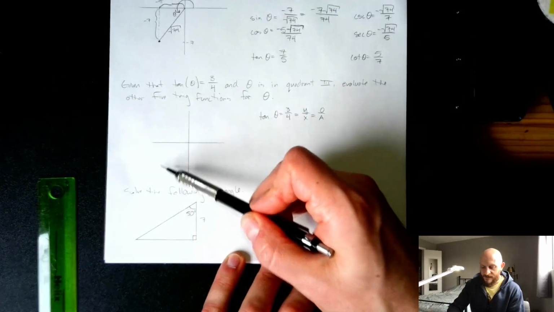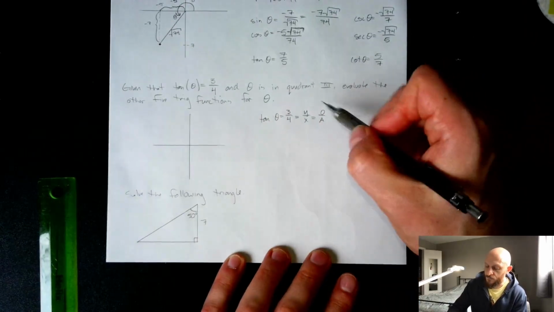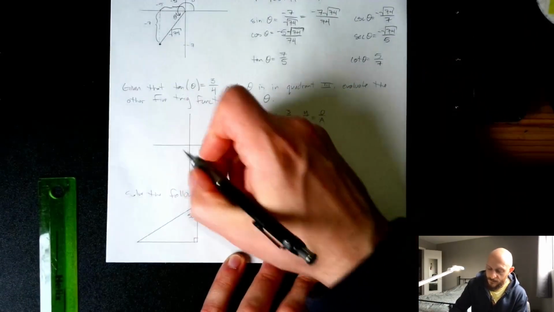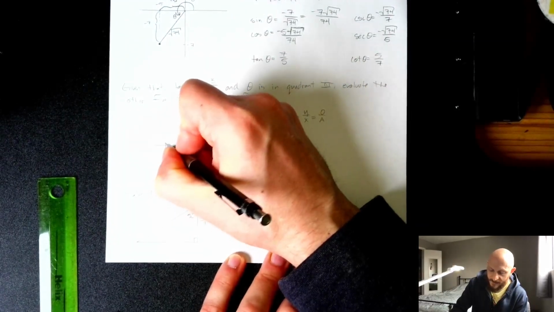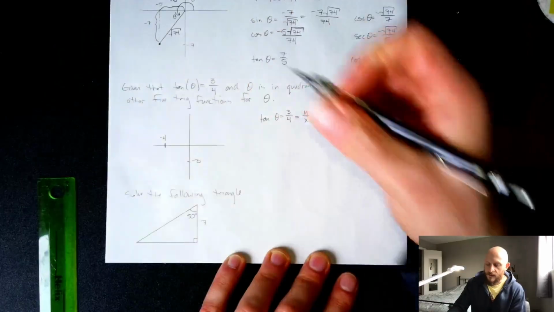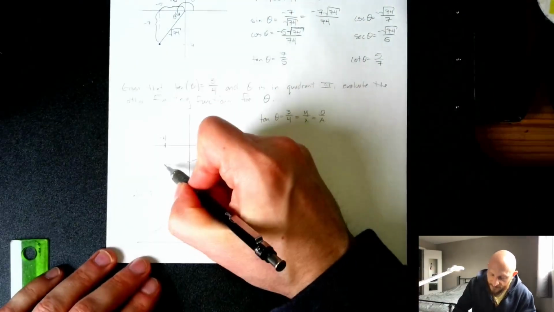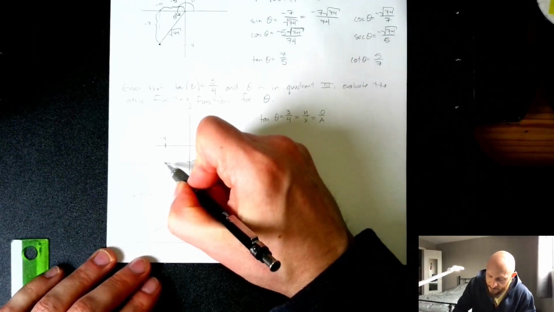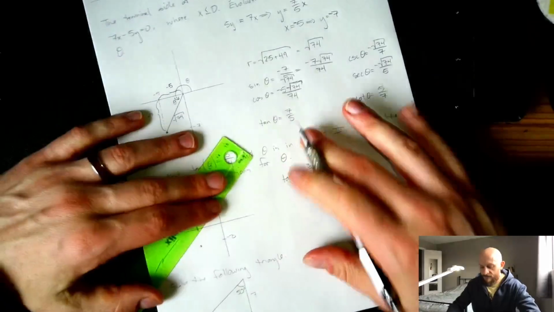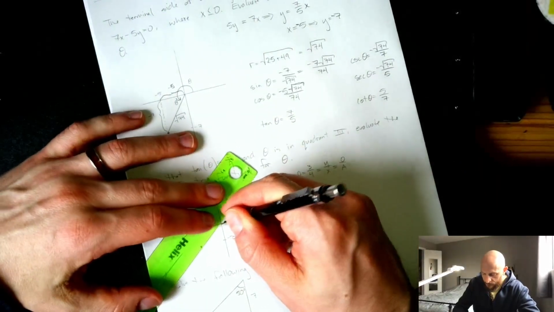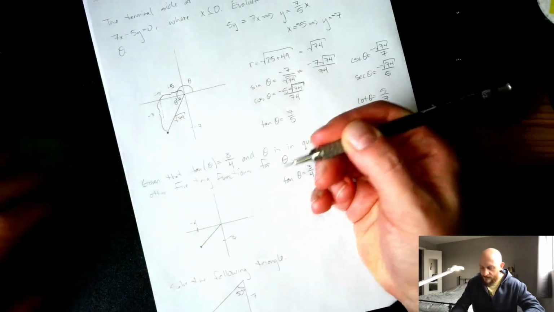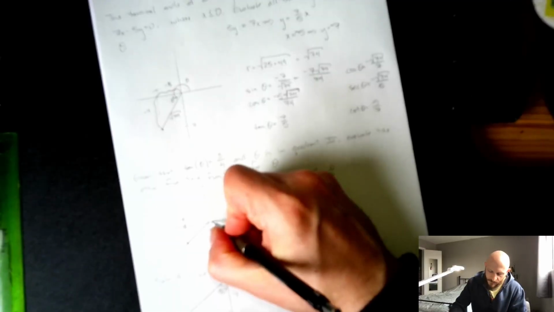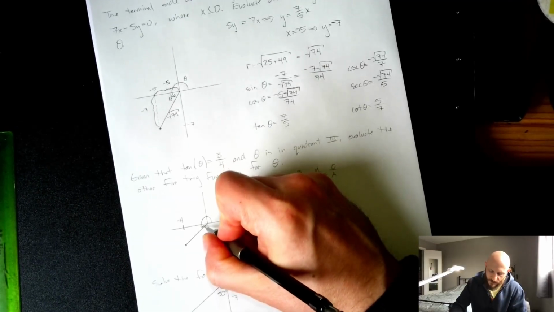So both x and y are negative over here. So it must be the case that y is negative 3, x is negative 4. And that makes a lot of sense, because that forces tangent to be positive since it's negative over negative. So here's our theta. I didn't actually mean to put both of these in quadrant 3, but theta is this angle right here.